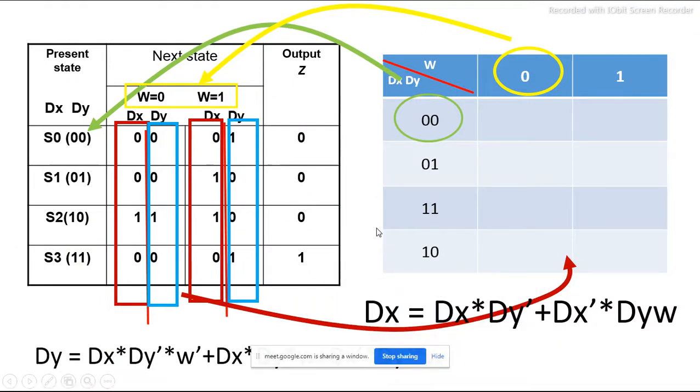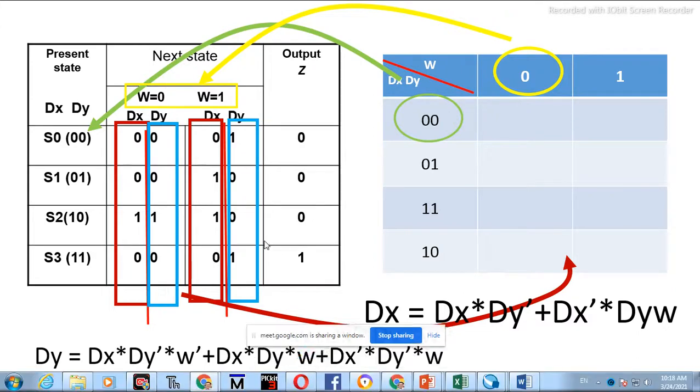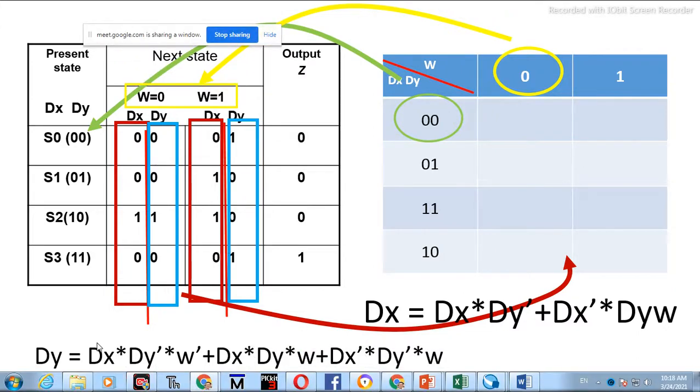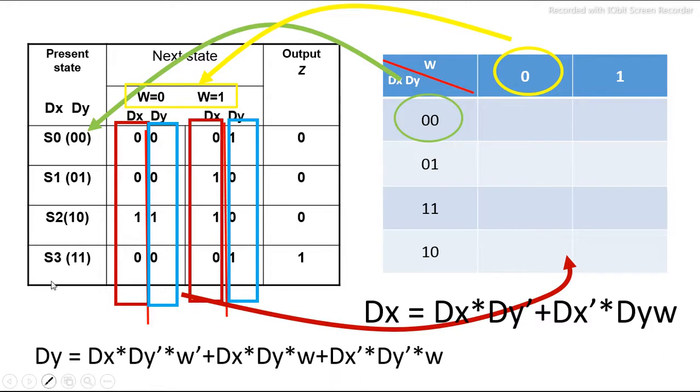So basically we have these equations: Dx is equal to Dx bar Dy plus Dx bar Dy W, and Dy equals Dy Dy bar plus Dx Dy W, and so on.